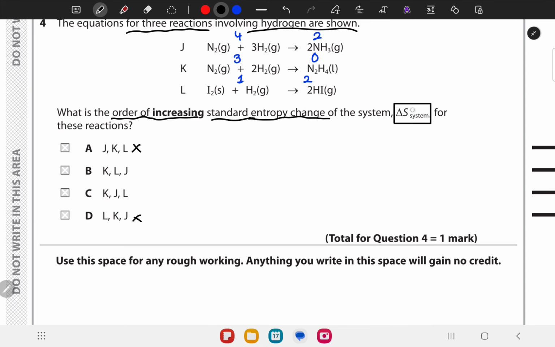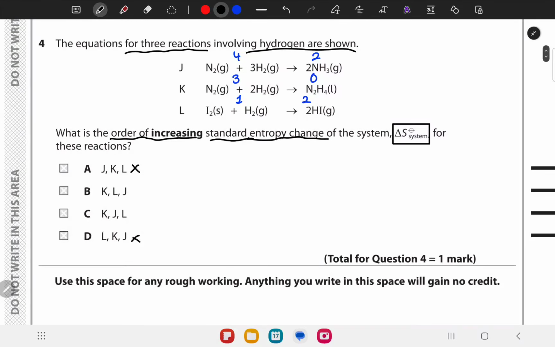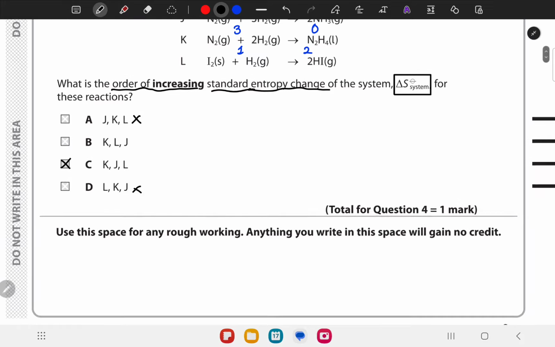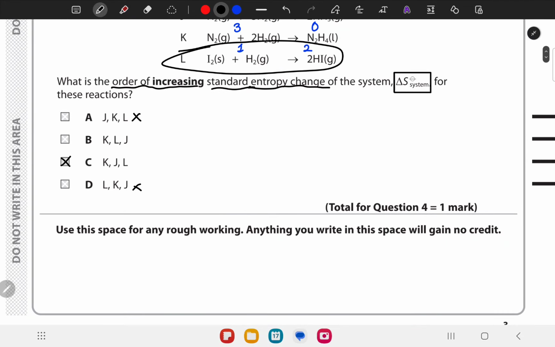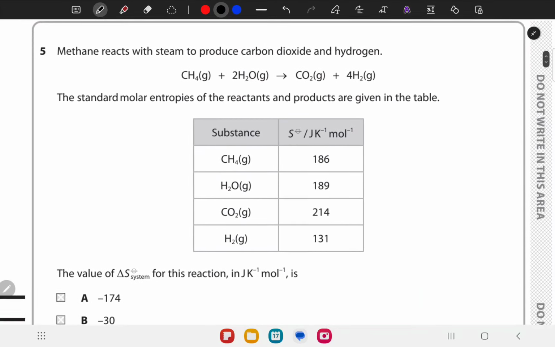So A and D are out of our option. Now between B and C, J will have the second lowest del S system because it has a decrease in gaseous moles. So option C will be our correct answer. L has an increase in gaseous moles, so we'll have a positive del S system for that.